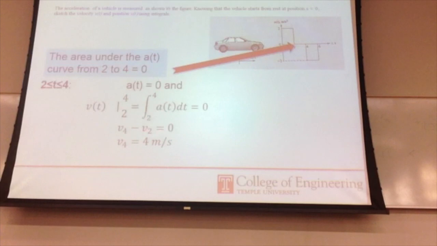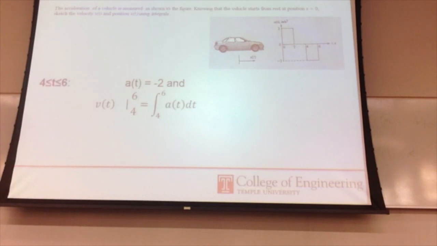So if the initial velocity at time 2 is equal to, what am I missing here? I missed a step. The velocity at time 2 is equal to 4 meters per second. Then the velocity at time 4 is equal to 4 meters per second. Right? Yes, because we're going to add 0. So at time 4, we have a velocity of 4 meters per second, and then over the next 2 seconds, the car decelerates.